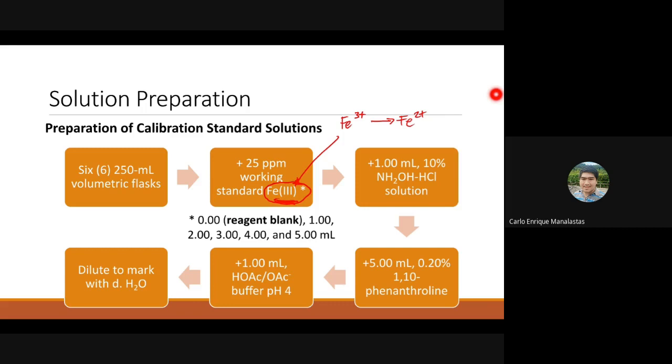And from that, you can now add your ligand solution, around 5 mL of 0.20% 1,10-phenanthroline. And before you dilute it, you will add a buffer, around 1 mL of an acetic acid buffer, pH 4, before you dilute it to mark using distilled water.